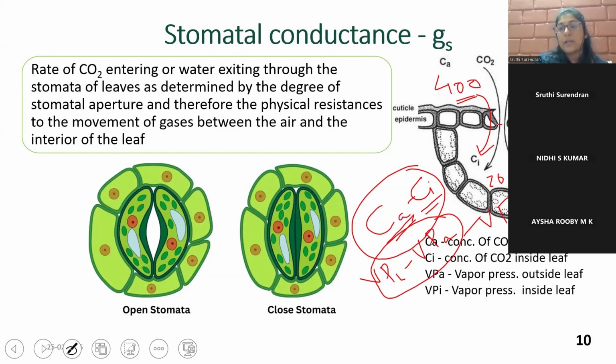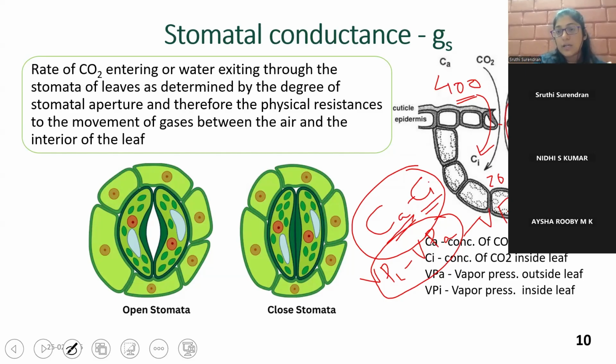Same is the condition of the water vapor. But in the case of water vapor loss, the vapor pressure inside the leaf is always going to be the highest. That is, it is going to be the saturated vapor pressure. Inside the leaf, it is always considered that the leaf is fully filled with water and there is no more space for water to enter. That is why the water is leaving from here to here, because this place is full of water, and here the pressure of water vapor is less.